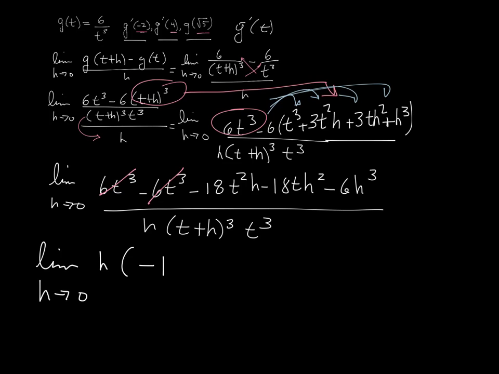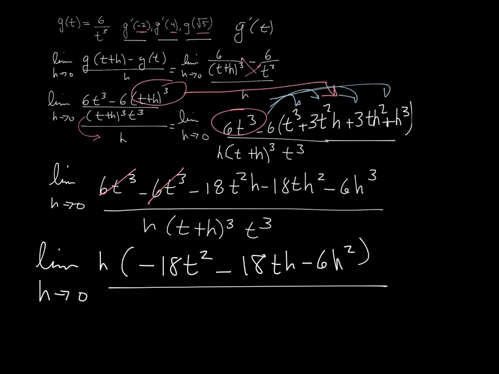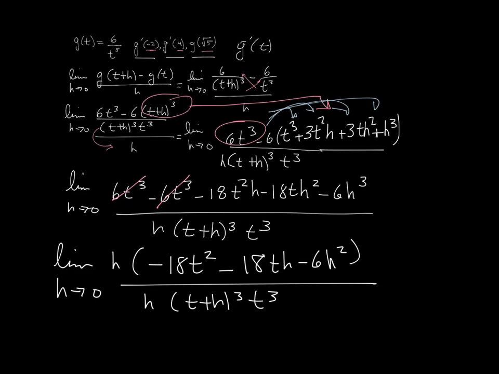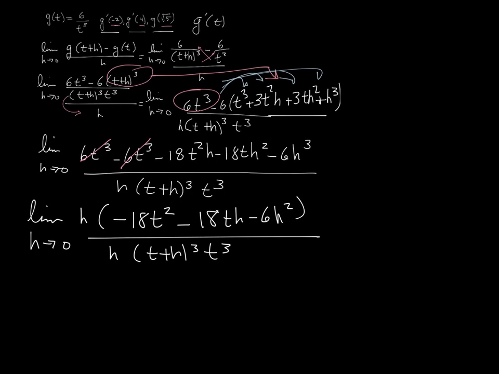So that leaves me -18t squared minus 18t h minus 6h squared, all over all this business. And then finally I can cancel my h's. And so now I'm at the point that I can let h go to 0.